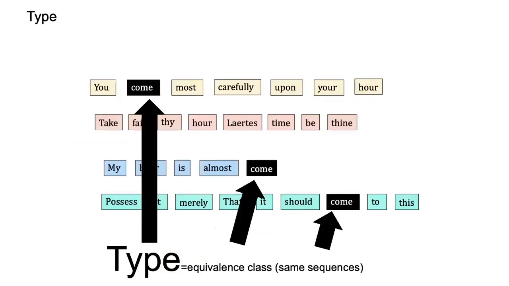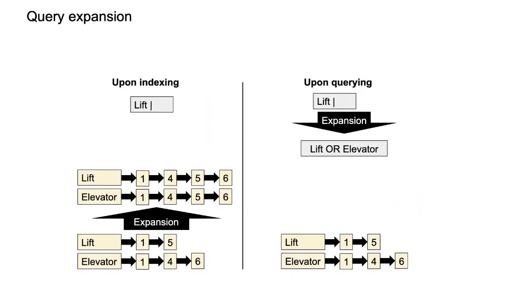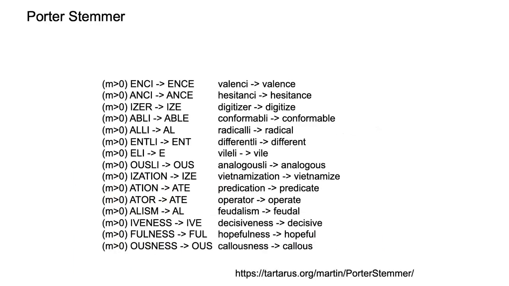Types are symmetric, an equivalence relation is symmetric, as you learned in discrete math. But there is an asymmetric version where you can expand the index or the query by throwing in more terms that are equivalent to the first one. But it's asymmetric because in that case, that wouldn't be an equivalence relation. There is a relation, but it might not be an equivalence relation.